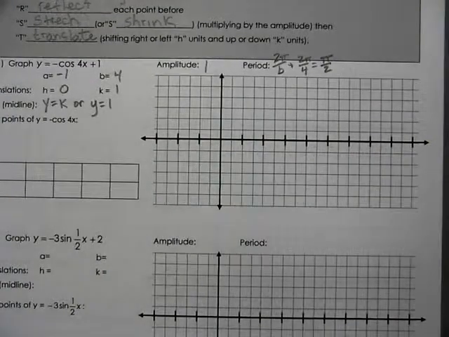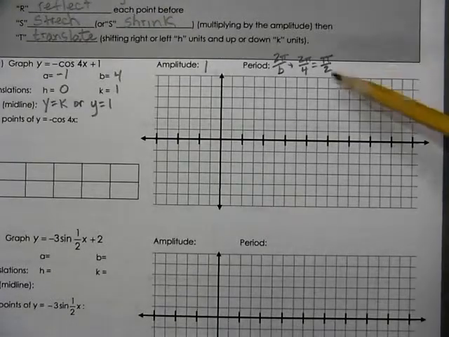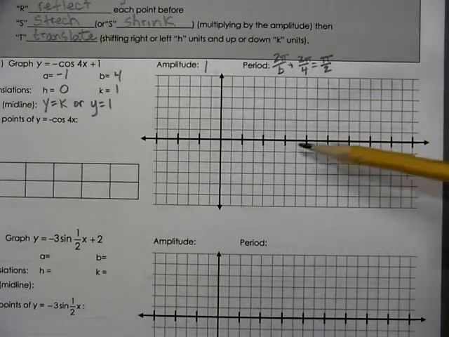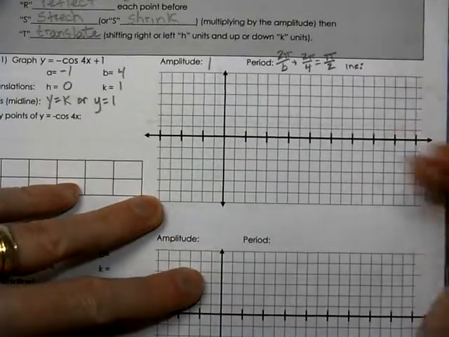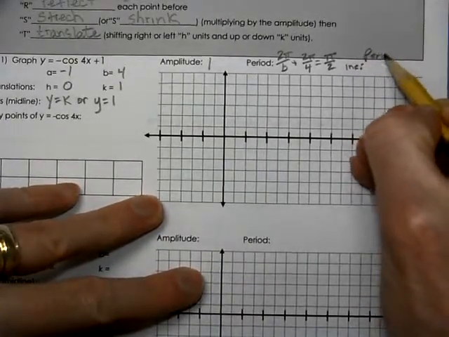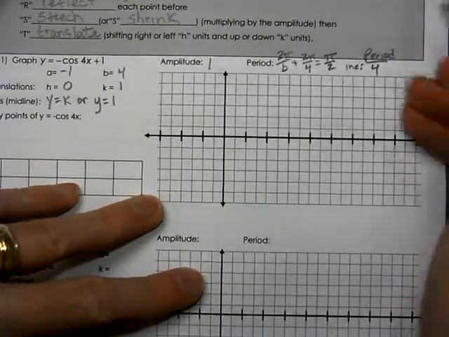So if we were to put this graph right alongside y equals cosine of x, y equals cosine of x would be much longer, 4 times bigger. Now we're going to calculate what the increment is. The increment is period divided by 4.